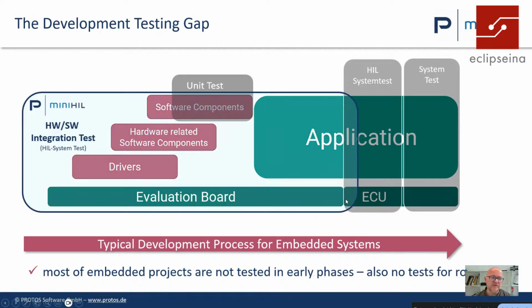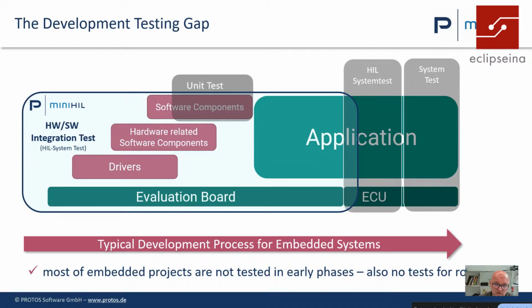So what we do now is we focus with the miniHIL on the rest, so on the white spots on the landscape. So the miniHIL is able to test on an evaluation board. Usually it can also be attached to an ECU maybe, but the usual use case is to run it on an evaluation board. So you have the evaluation board with the real target microcontroller or with several microcontrollers or several chips, and you only test on signal level.